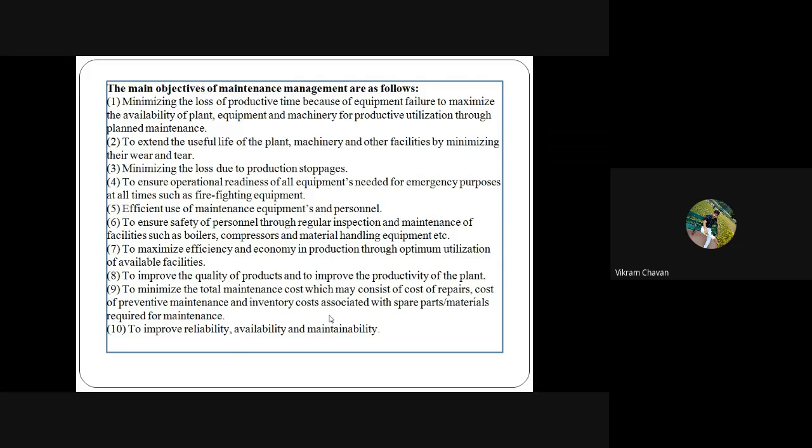Then the efficient use of maintenance equipment and personnel, to ensure the safety of personnel through regular inspection and maintenance of facilities such as boilers, compressors, material handling equipment, etc. If a boiler fails, then the whole plant will collapse, or a whole plant stoppage will happen.